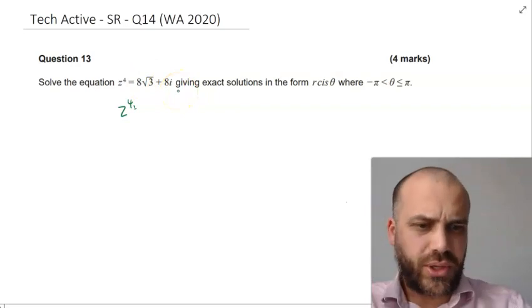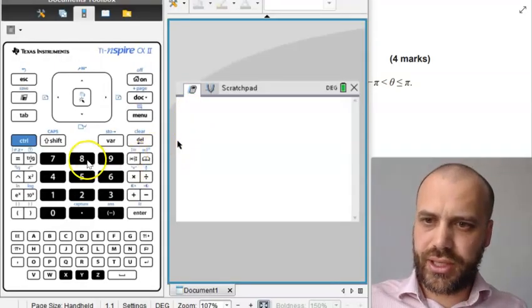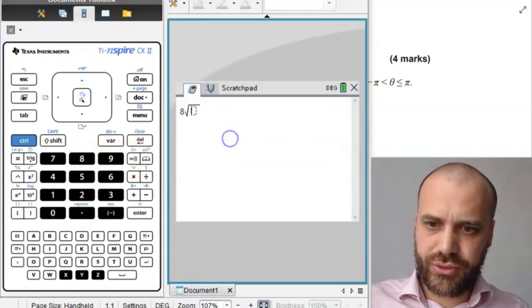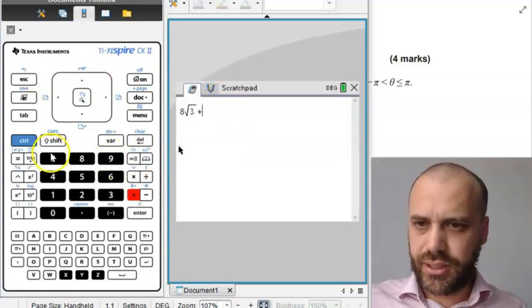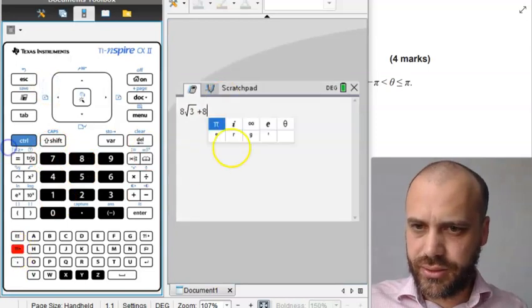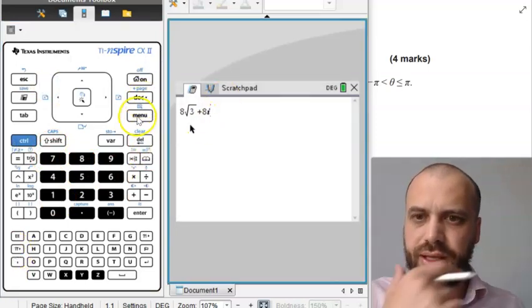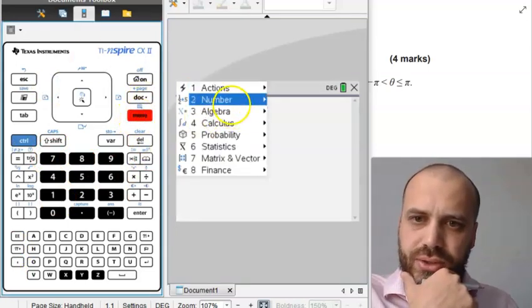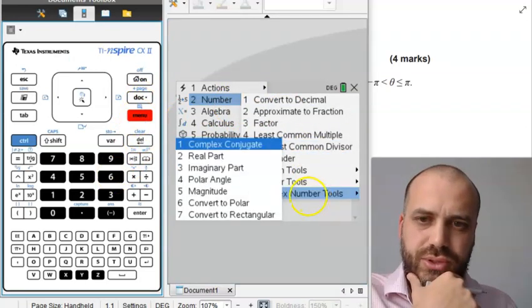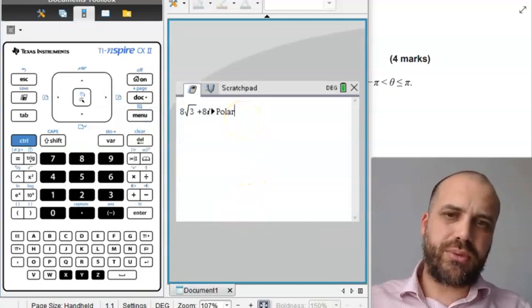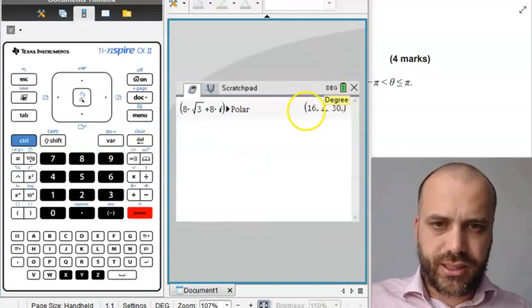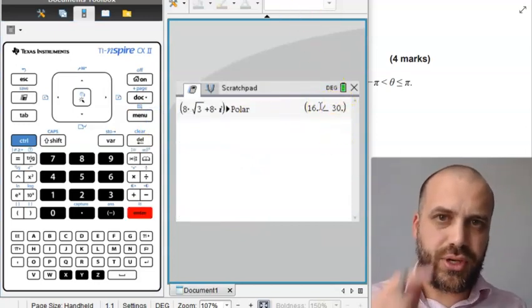Now, you can do that by hand, or you can come into your calculator and type 8 root 3 plus 8i, and then you can say menu, number, complex number tools, and you can convert it to polar form. Watch what it looks like when we do that. Okay, 16 and an angle of 30 degrees.